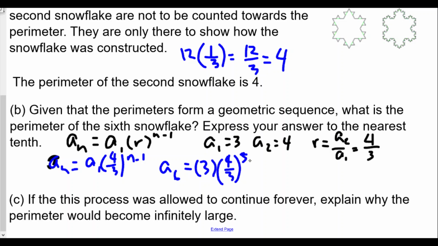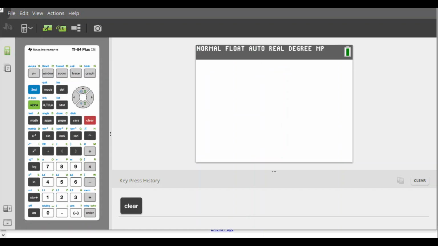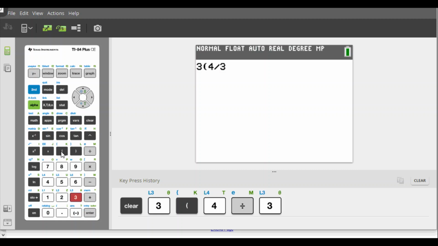Okay? And so now we're going to multiply this. Okay, so take our calculators out, and we're going to multiply. So we see here, we're going to take our starting value, A1, was 3, and we're multiplying by 4 over 3, raised to the, in this case, it's 6 minus 1.